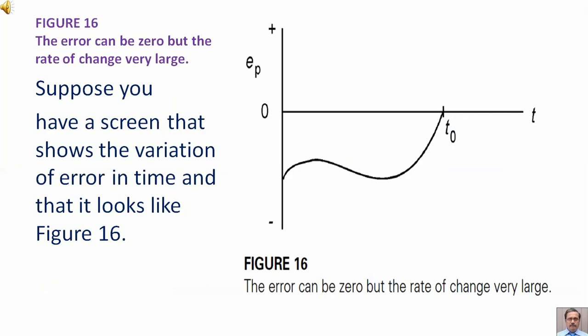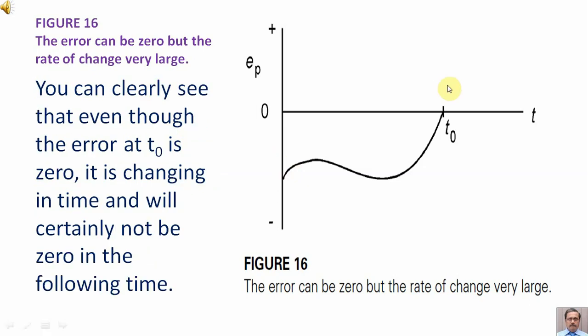Suppose you have a screen that shows the variation of error in time and that it looks like figure 16. You can clearly see that though the error at t0 is 0, it is changing in time and it will certainly not be 0 in the following time.